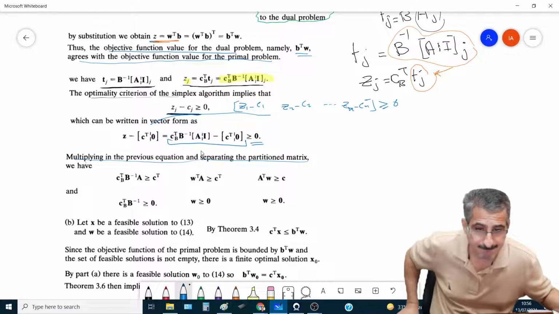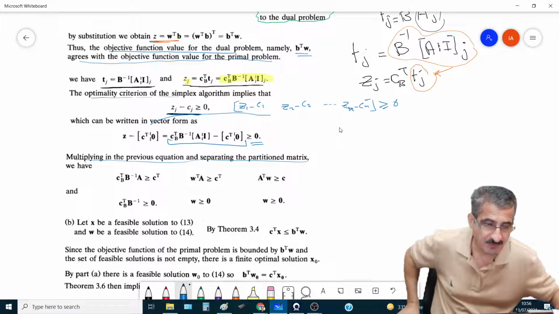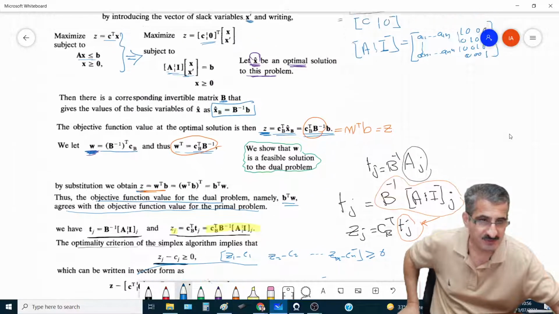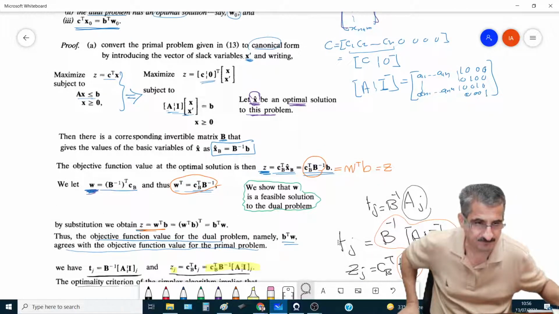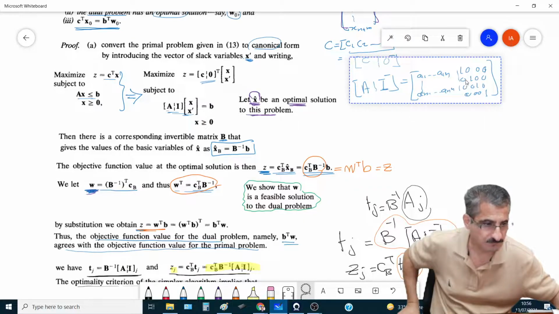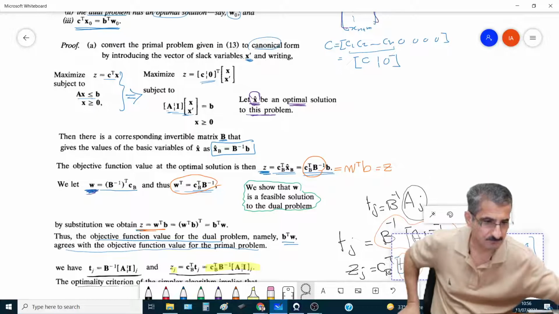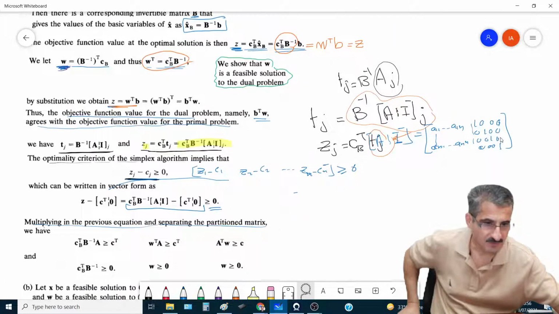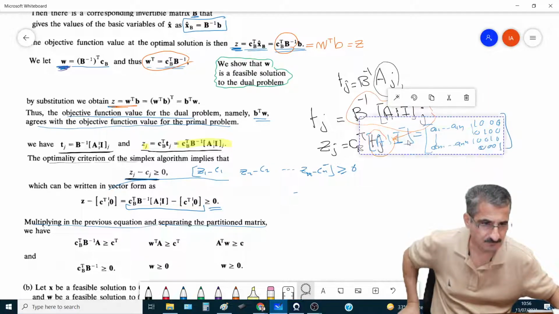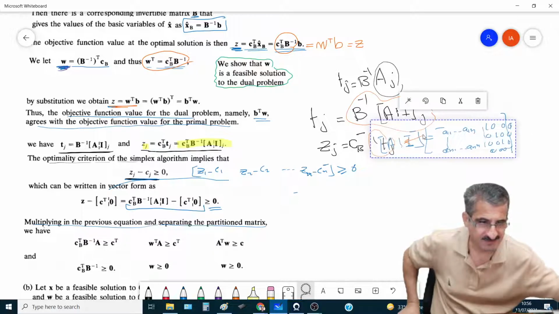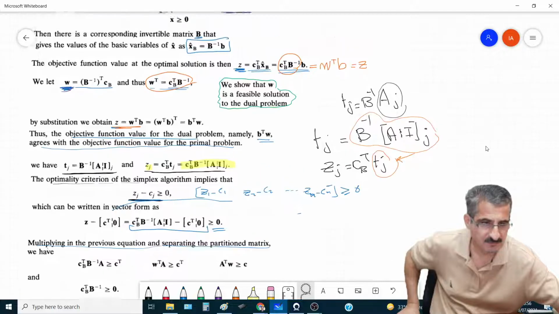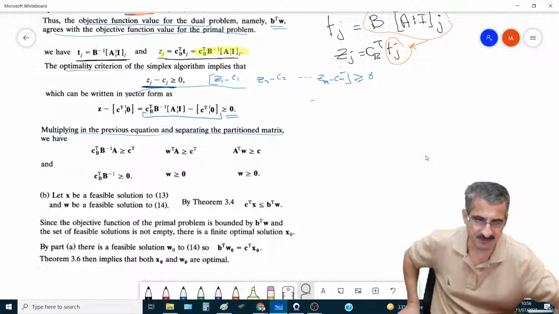Now multiply the matrix. I already wrote what the matrix A is. It has two parts. Let me write it again here.